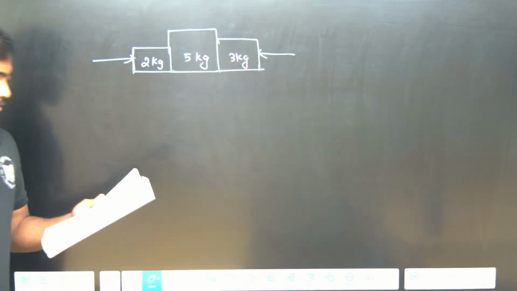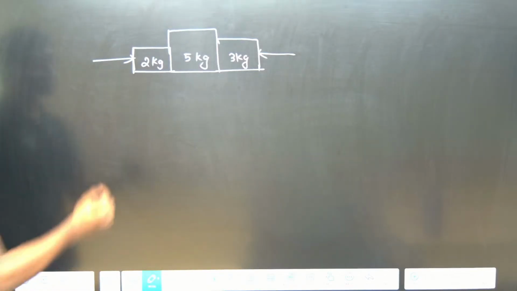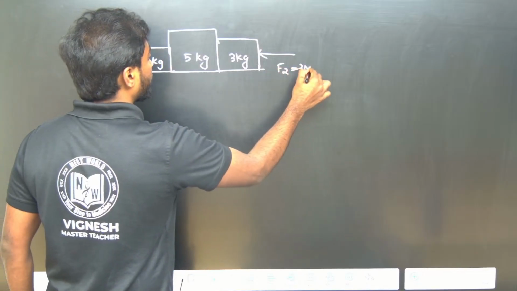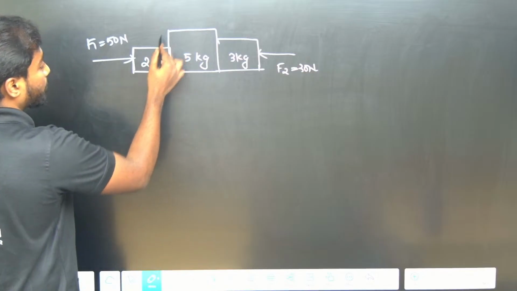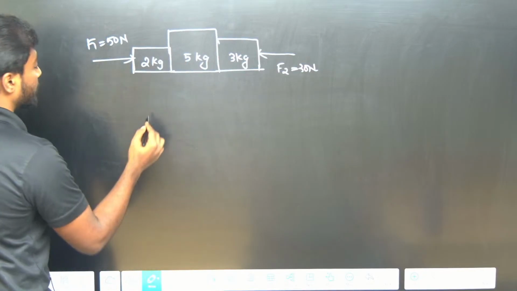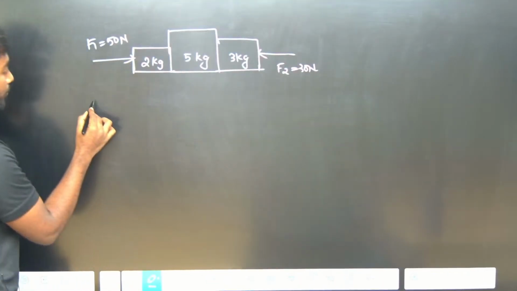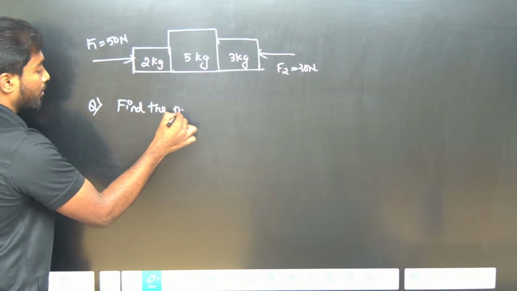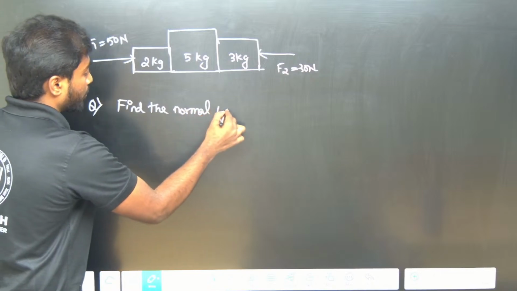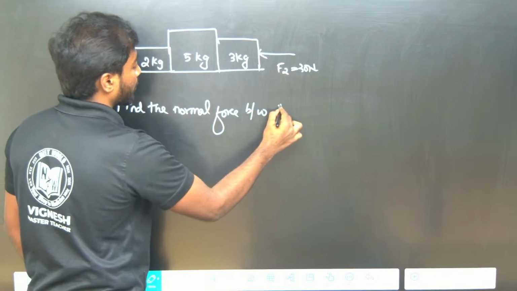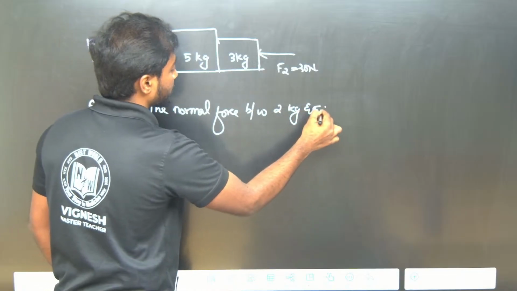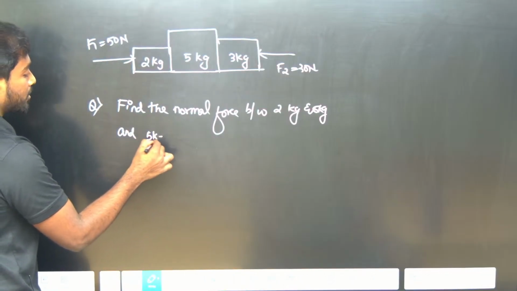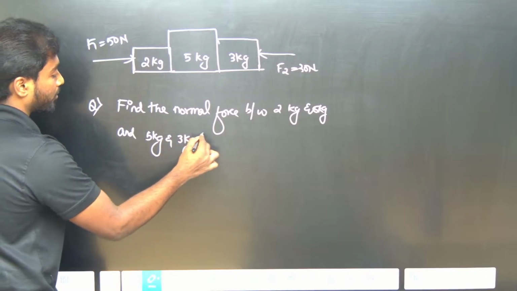One is F1, 50 Newton, and F2 is 30 Newton. I need to find the normal force between the 2 kg and 5 kg blocks, and between the 5 kg and 3 kg blocks.